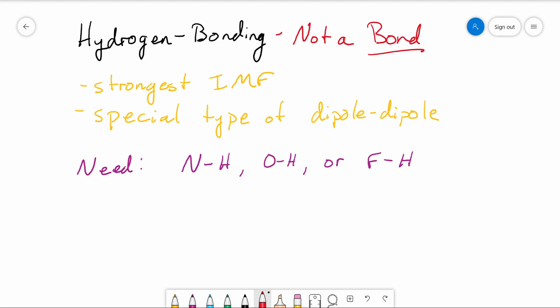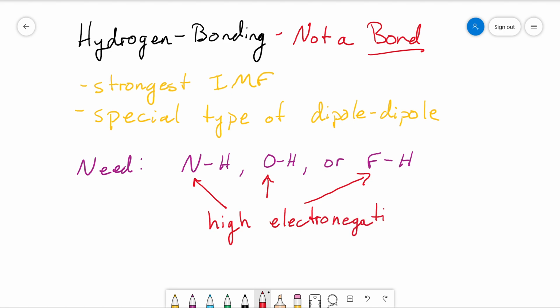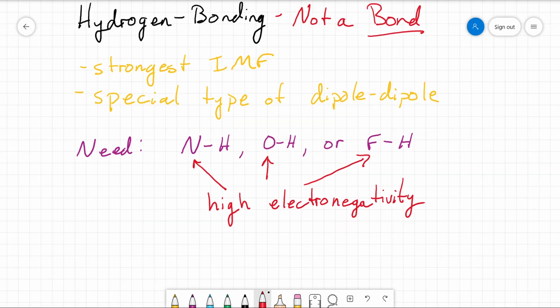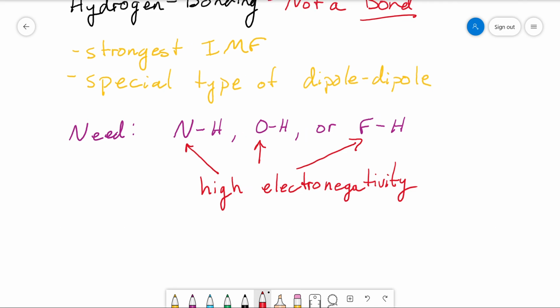There's fluorine, and then oxygen is next to fluorine, nitrogen is next to oxygen. These all have high electronegativity, which means they are very polar bonds. I could just say they make highly polar bonds.